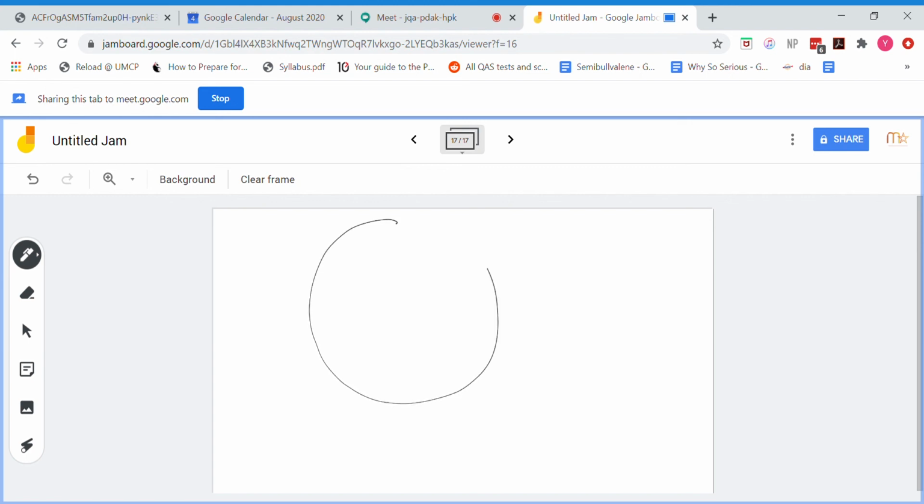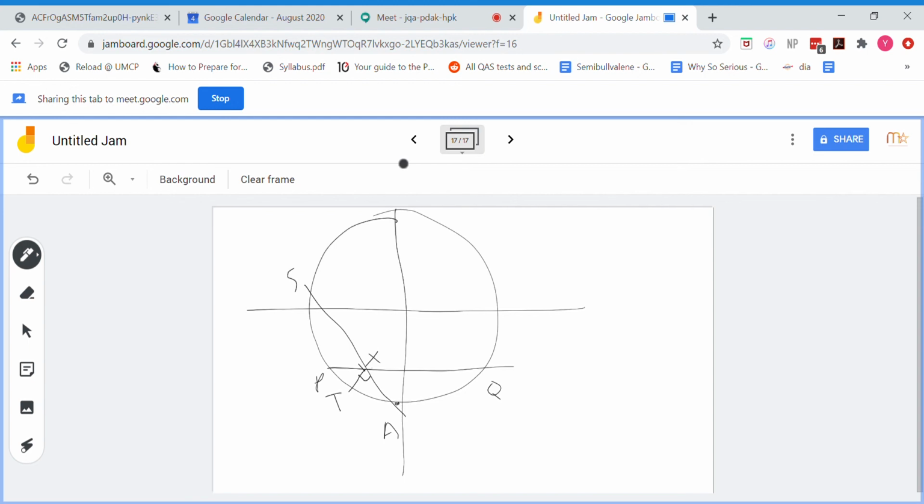So going back to our problem, we have A, we have PQ, we have X, S, X, and T. And so, like I just said, X is the foot of the perpendicular from T onto line AS.